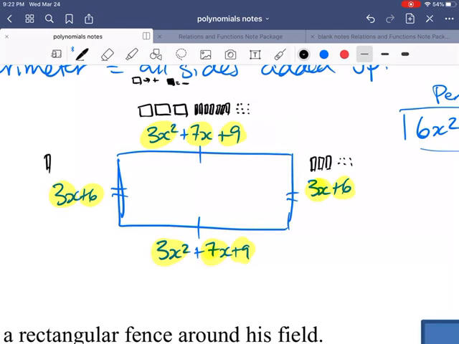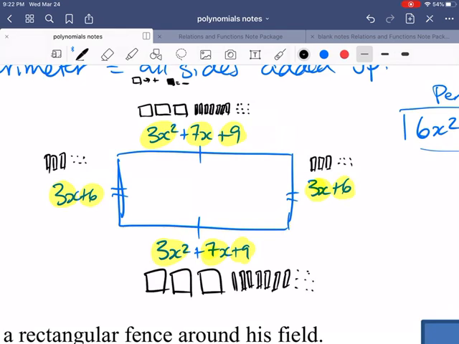And 3x over here, and 6. 3x squared plus 7x, 2, 3, 4, 5, 6, 7, and 9.